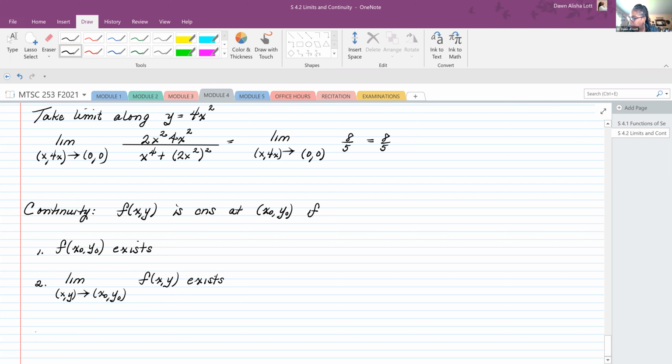And 3, just like the other case, they are equal. So the limit of f of x, y actually equals f of x0, y0.